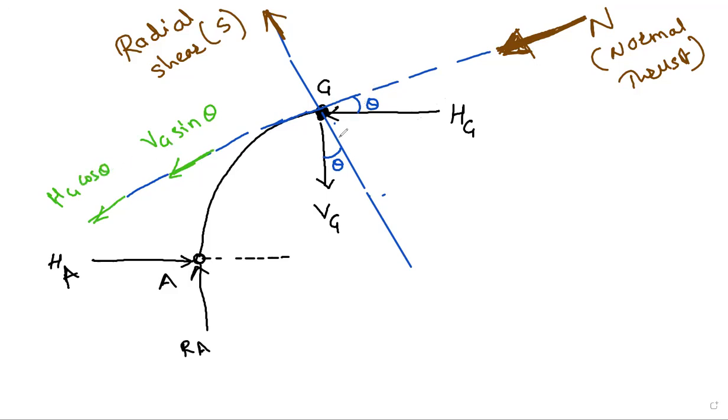Then the component of VG along the radial shear is like this, VG cos theta, and the component of HG along the radial shear is HG sin theta.